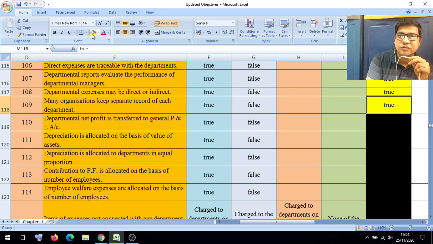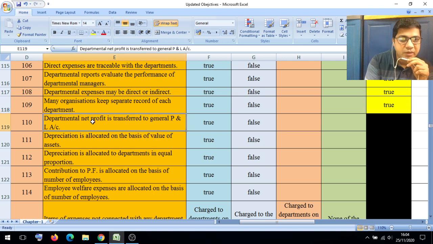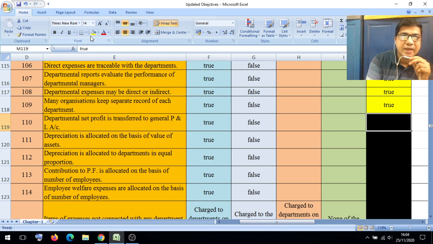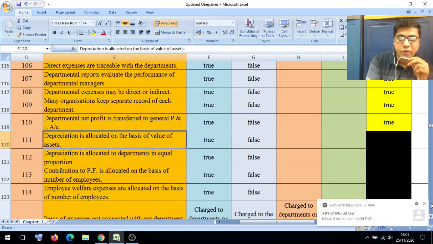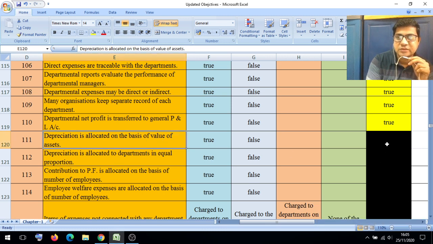Answer is true. Departmental net profit is transferred to general profit and loss account. Answer is also true. Department depreciation is allocated on the basis of the value of assets. Answer is true. Department depreciation is allocated to departments in equal proportion.